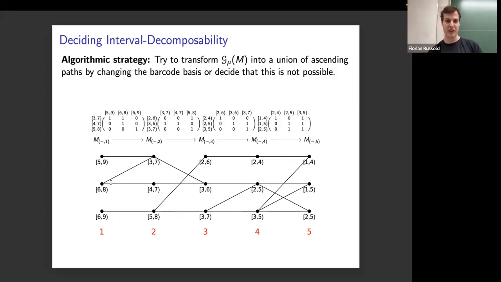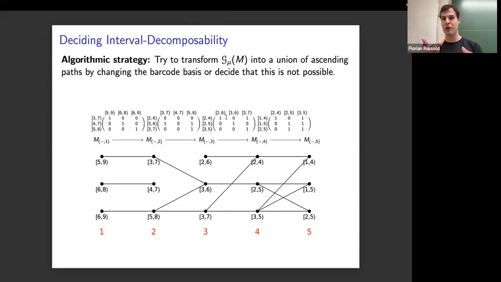So if you slowly go through this, then you start modifying these matrices. And actually, the way you modify these matrices is by changing the barcode basis. It's kind of changing the basis of a vector space, but not quite, because now we don't have one-dimensional vector spaces, but interval modules. And the operations you can do on them are restricted by the intervals.